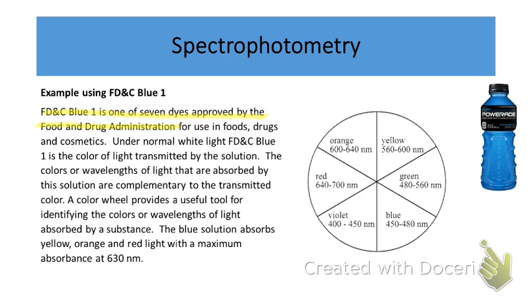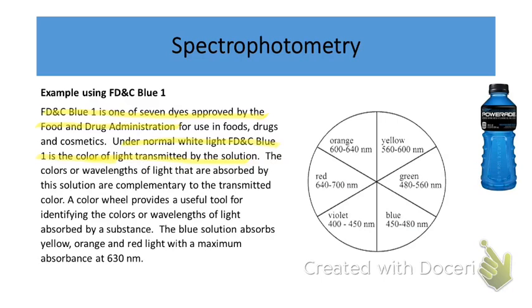Under white light, the color of FD&C blue 1 is the color of light that is transmitted by the solution, so blue is transmitted. For instance, sports drinks like this Powerade over here. This particular Powerade has a blue look to it because blue light is being transmitted.